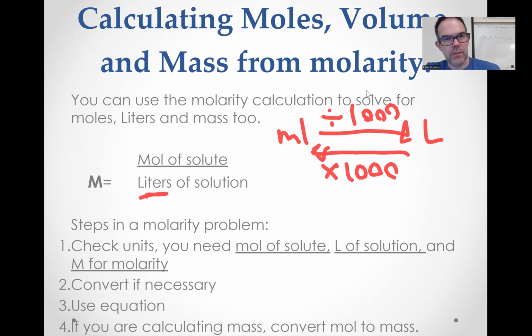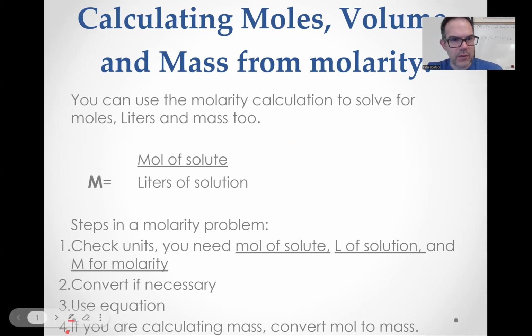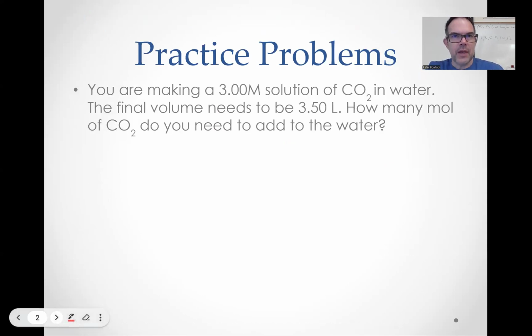Okay, here we go. Let me change my slide. You're making a 3.00 molar solution of carbon dioxide in water. The final volume needs to be 3.50 liters, and we want to find moles.